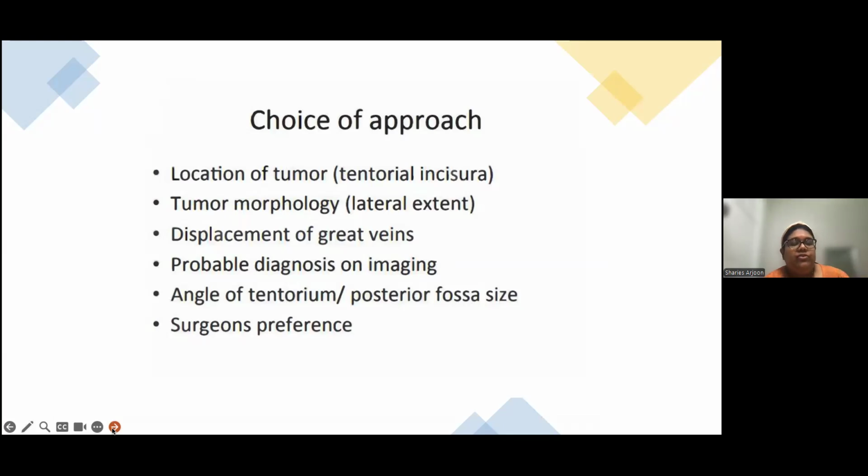So how do we choose the approach? The approach is chosen based on the location and morphology of the tumor, the displacement of the great veins, the probable diagnosis on imaging, the angle of the tentorium, and the posterior fossa size has to be considered as well, and last but not least, again, surgeon's preference.